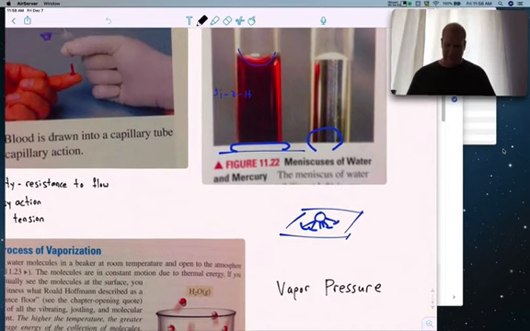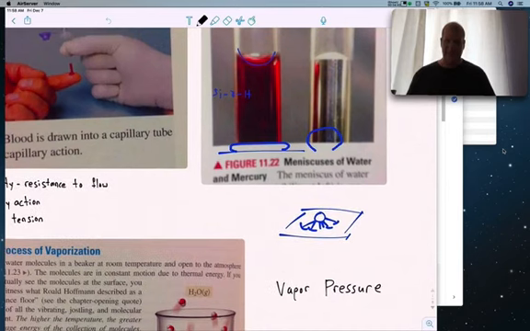Then there's this spherical nature of things, like BBs, the copper BBs that you shoot from BB guns. The way you make BBs is you just pour molten copper, and when you pour the copper, it turns into a sphere naturally by its intermolecular forces, and it forms an almost perfectly round shape.